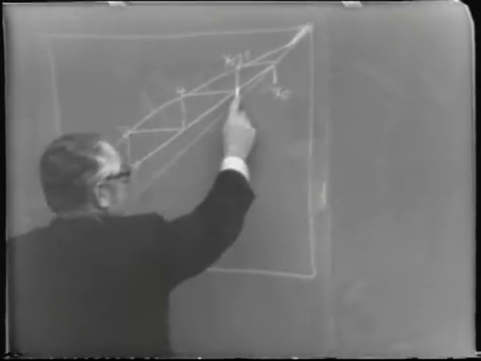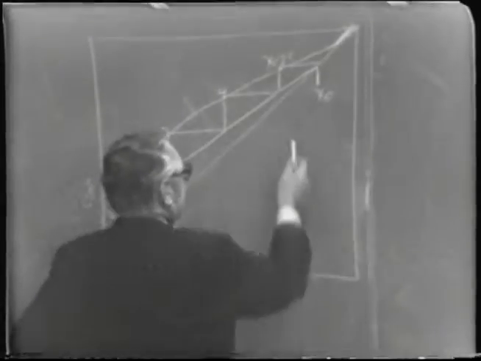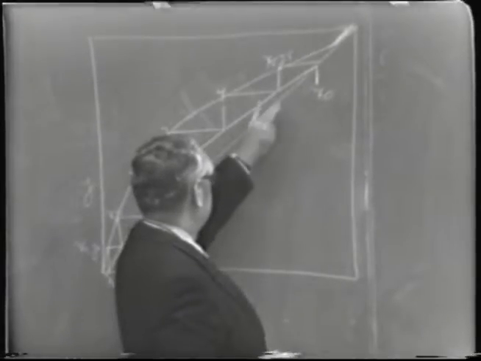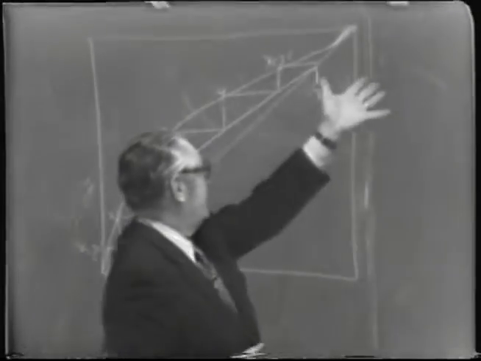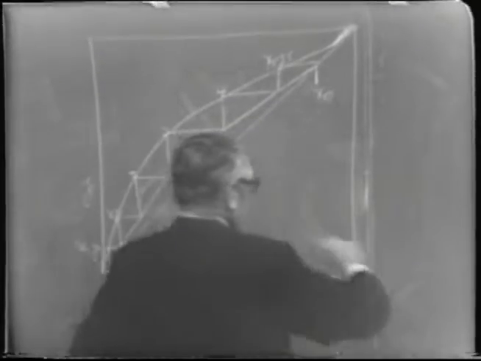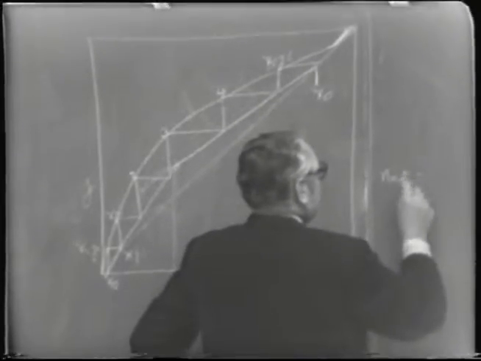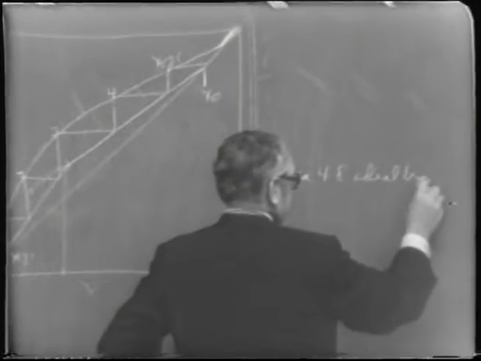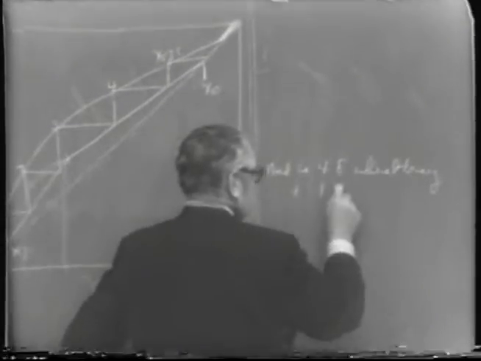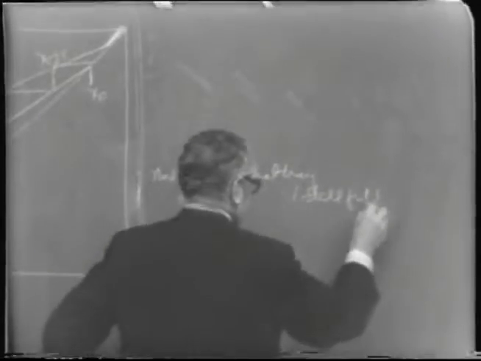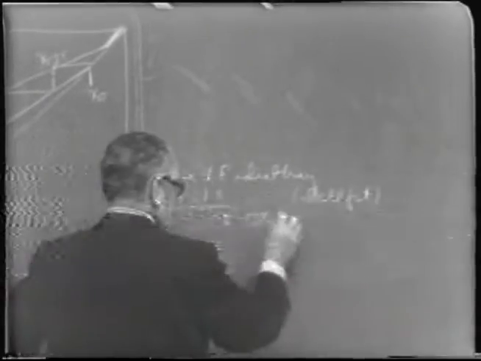So in reality, you need slightly less, or in other words, you need about 4 complete ideal trays, plus about 8/10 of another one. So actually, this solution here, as I've drawn it, you need about 4.8 ideal trays, plus 1 for the still pot, or maybe 5.8 total stages.